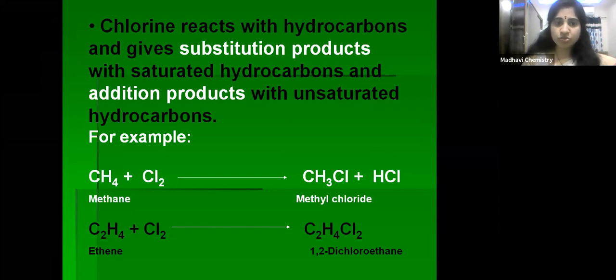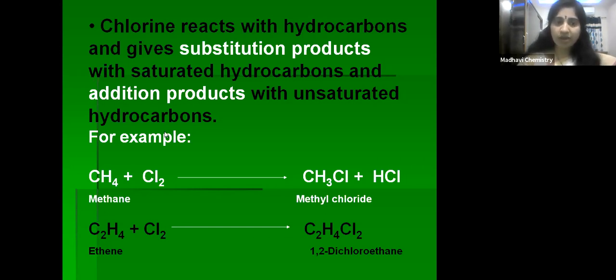Hydrocarbons which have single bonds, where the carbon undergoes sp3 hybridization, are called saturated hydrocarbons. What are unsaturated hydrocarbons? The hydrocarbons which have double bonds and triple bonds, alkenes and alkynes, are called unsaturated hydrocarbons. So we know that saturated hydrocarbons undergo substitution reactions and unsaturated hydrocarbons undergo addition reactions.